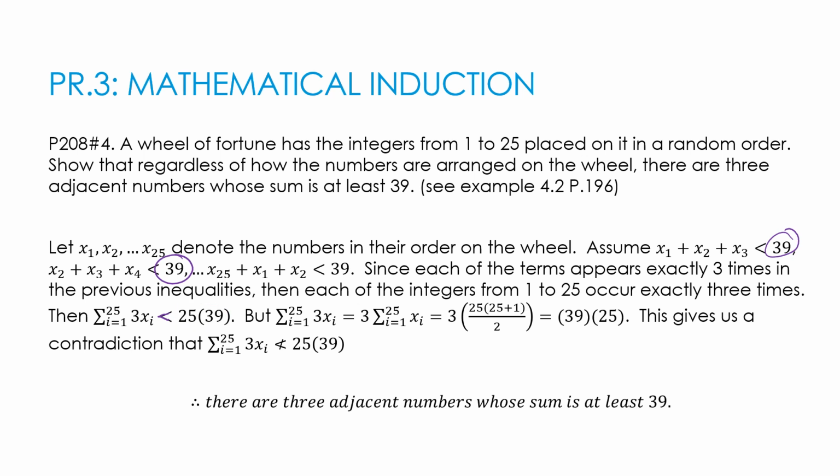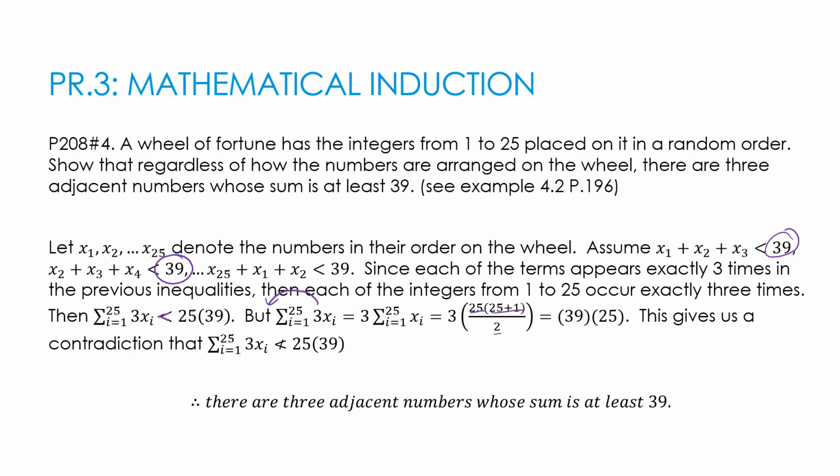But the summation from 1 to 25 of 3xi is, again, let's move the 3 out front, so 3 times the sum from 1 to 25 of xi. Well, we just said a moment ago that if we have the numbers from 1 to n, it's n times n plus 1 over 2.